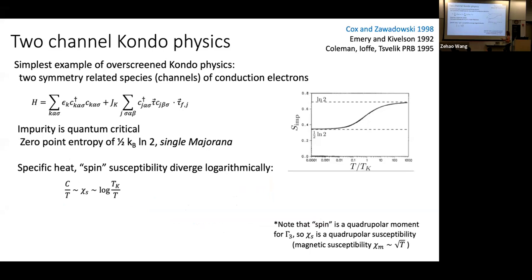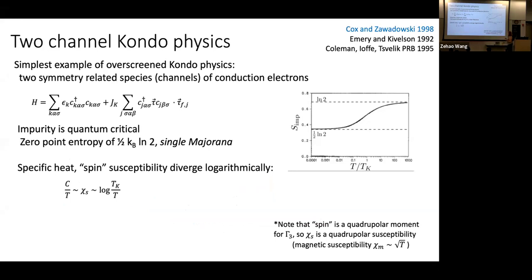All right, other properties you can look at are your various thermodynamic properties. So your specific heat and the spin susceptibility, where I put quotes on the spin here because the model we're talking about is a quadrupolar model. In that case, the quadrupolar susceptibility is the one that's going to have this logarithmic divergence.